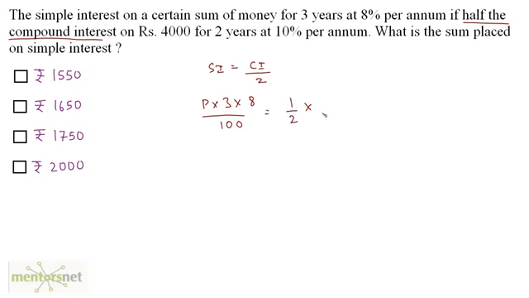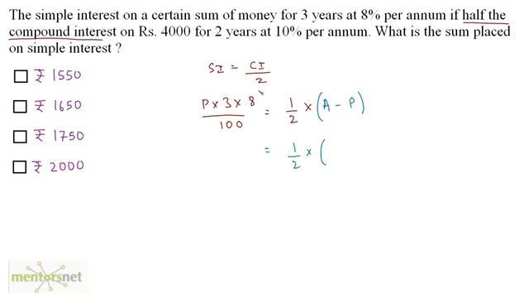Now what is compound interest? Compound interest is the amount minus the principal, right? Now let us write it as amount minus principal. So this is 1 by 2 into amount, which is P into 1 plus R upon 100.